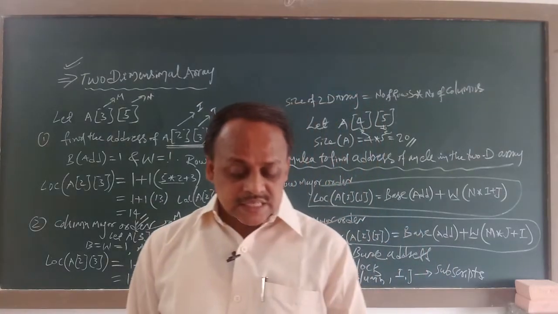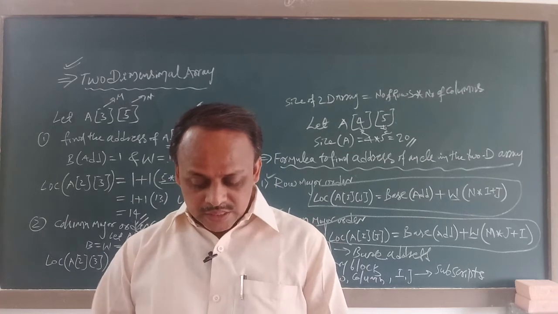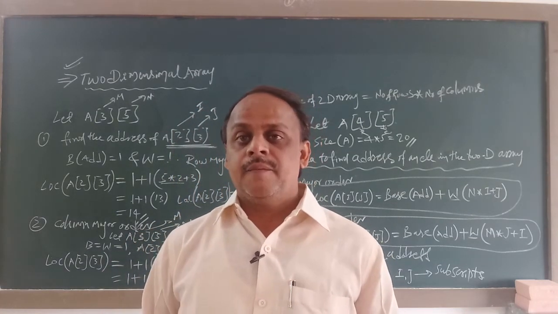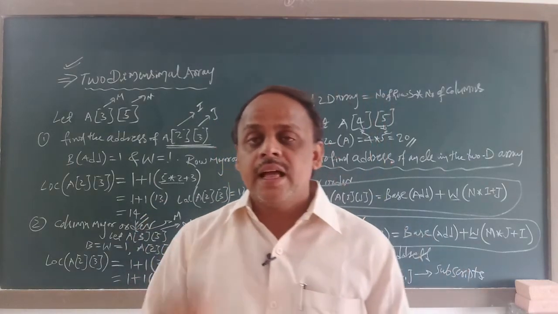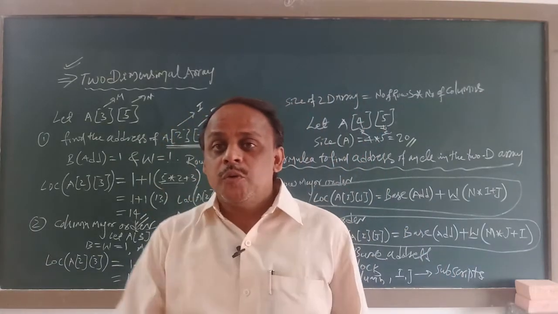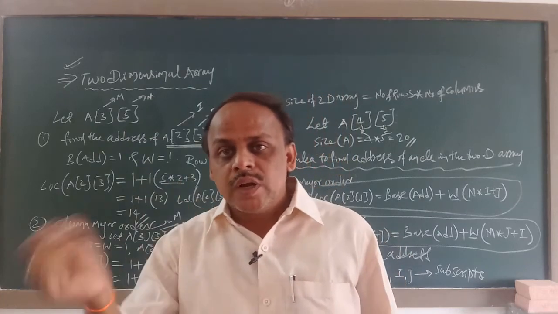Now let us see the disadvantages of arrays. We must know in advance how many elements are to be stored in the array. This is the first disadvantage we can identify, because in the array declaration we have to mention the size of the array. It may be a one-dimensional array or a two-dimensional array.